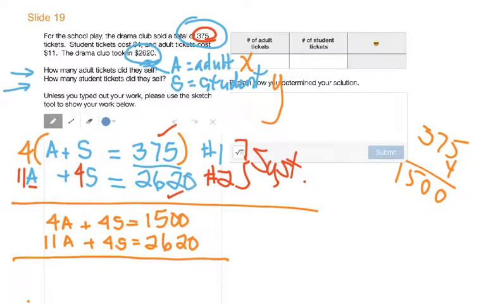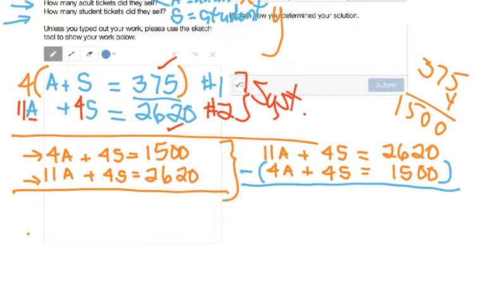So, take a look there. Well, I need to eliminate the s. So, I'm going to subtract. In fact, I'm going to rewrite this and subtract the top equation from the bottom. So let me rewrite it to show you what I'm going to do. Okay, so all I did was rewrite, and I put the 4a on the bottom.